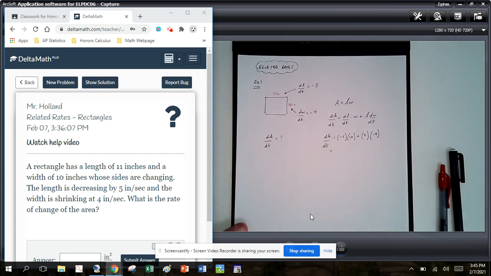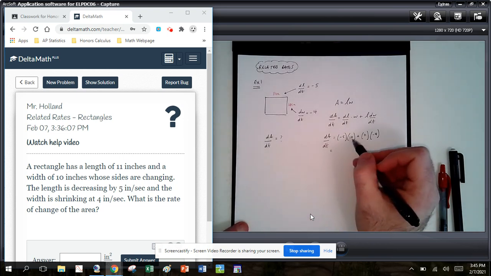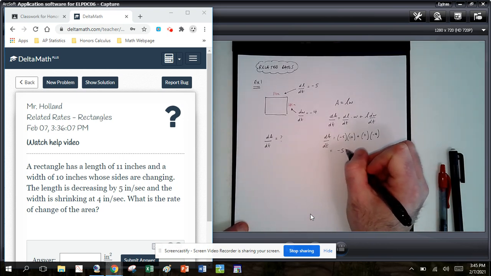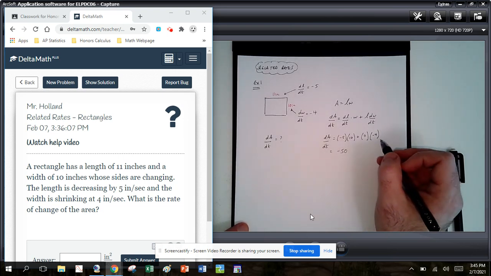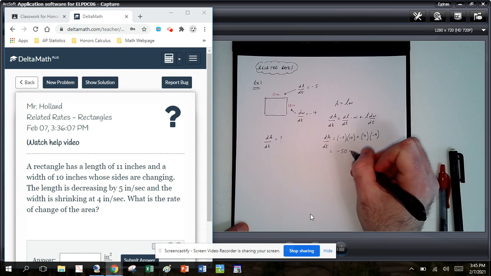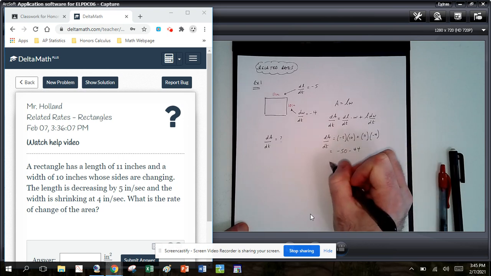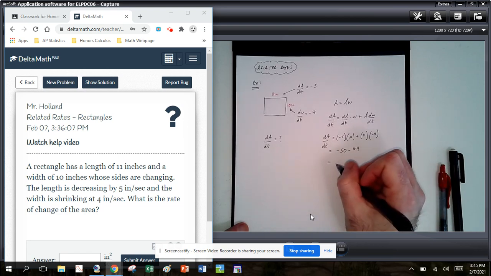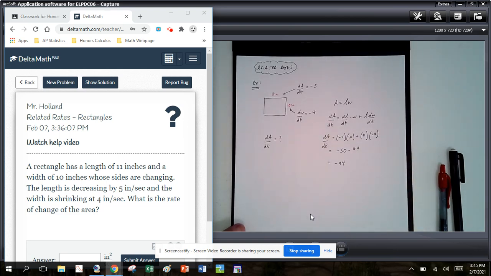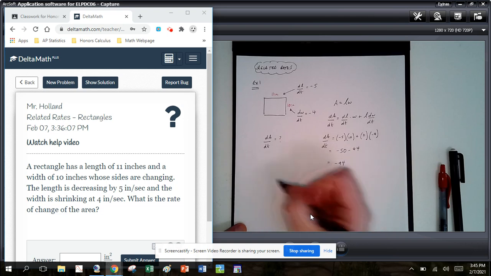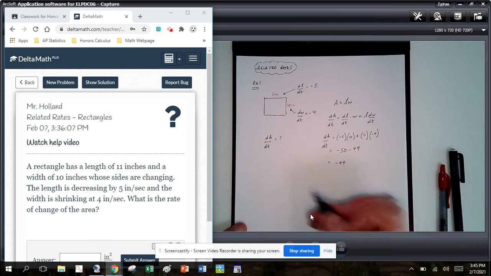So now it just becomes a very simple question. So -5 times 10 is -50. 11 multiplied by -4 is going to be -44. And then if I combine those two together, I'm going to get -94. So there my answer is, well, actually I need to write it down as a statement.